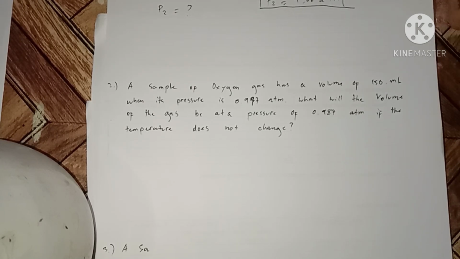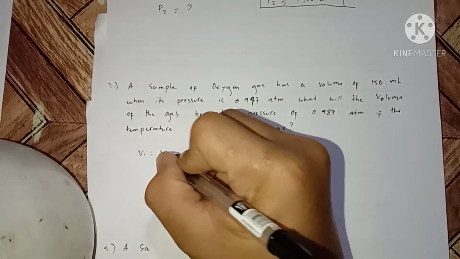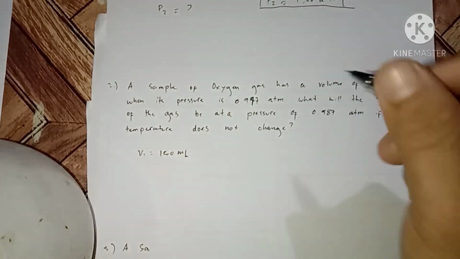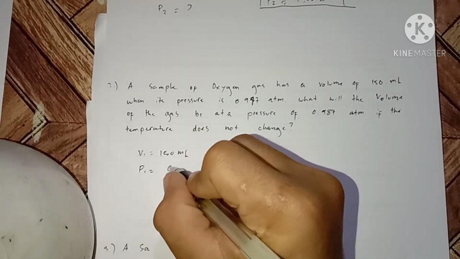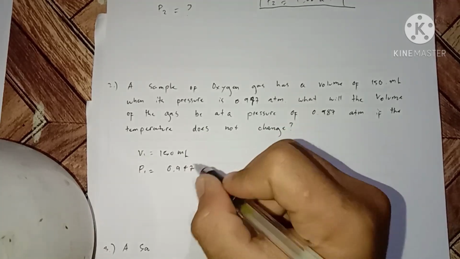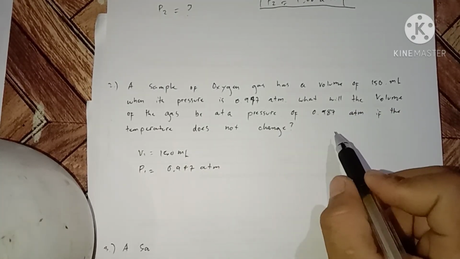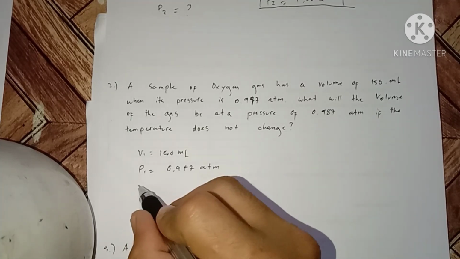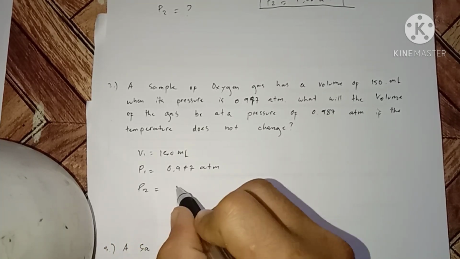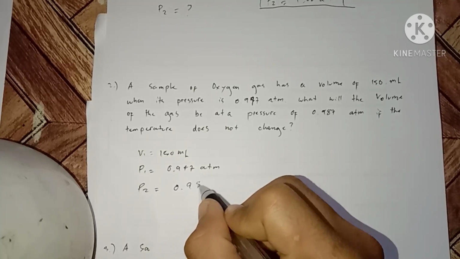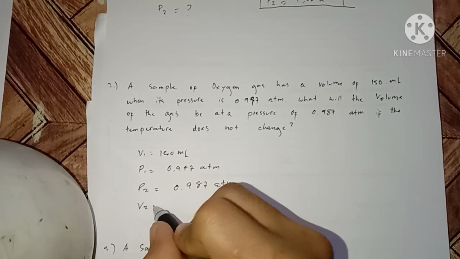Since the value of volume 1 is given, V1 equals 150 ml, then the pressure 1 equals 0.947 atm, then the value of the pressure 2 equals 0.987 atm. So the unknown here is volume 2.